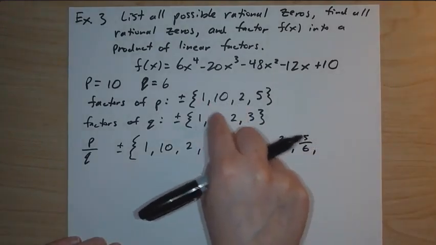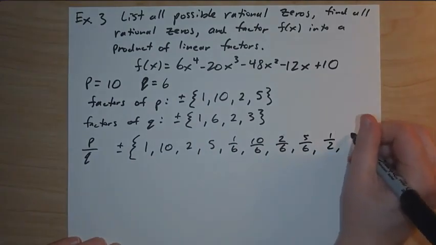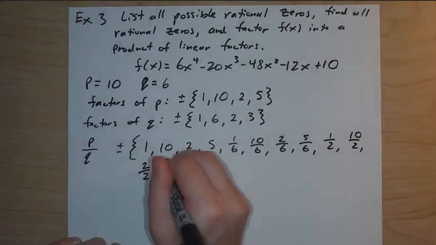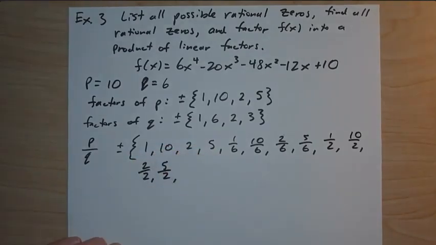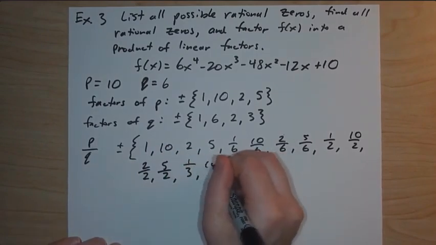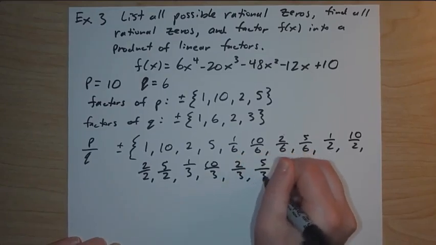And then we can do 1 over 2, 10 over 2, 2 over 2, and 5 over 2. And we can do 1 over 3, 10 over 3, 2 over 3, and 5 over 3.